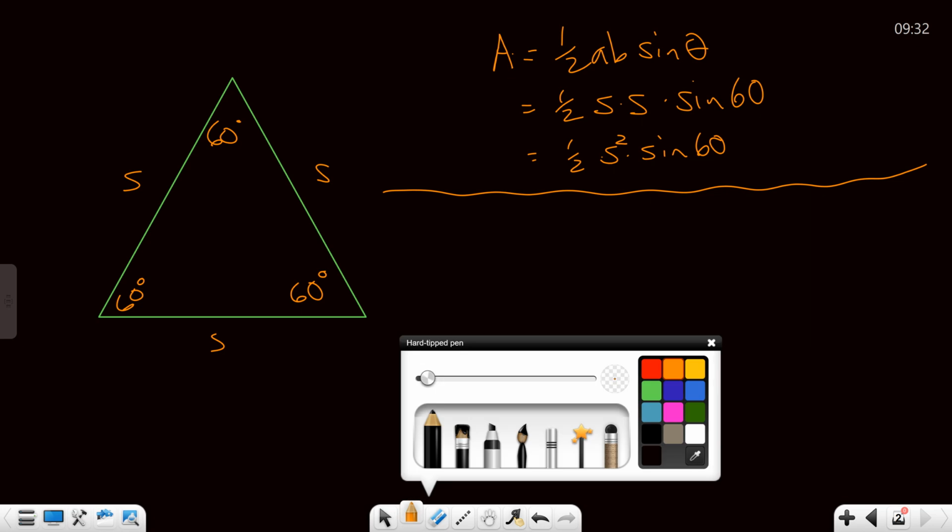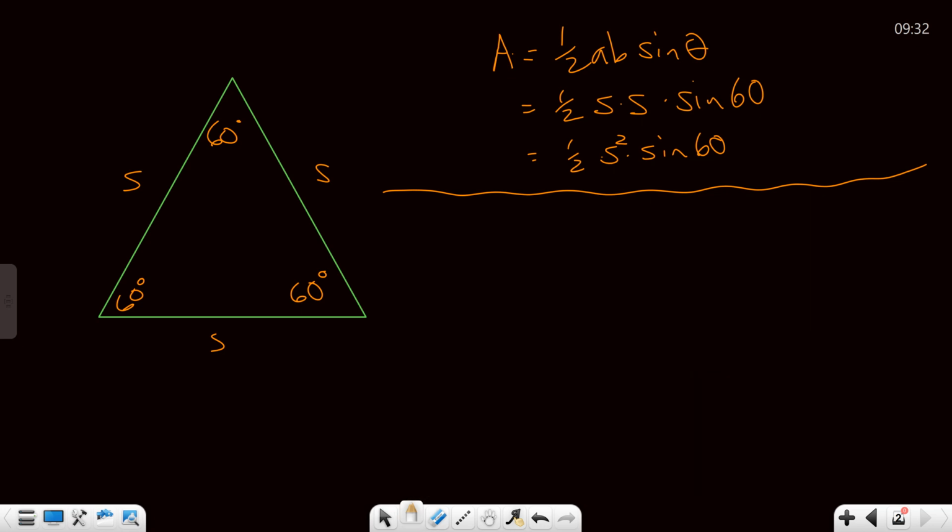Change some colors here. Let's go with this. And get rid of that. Get rid of this. Whoa, that's a mess. Hold on. How do you find H?